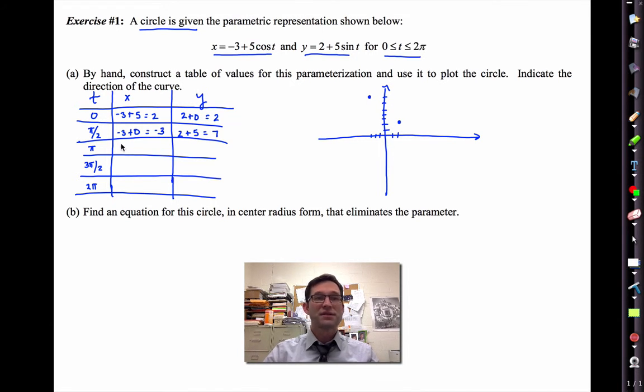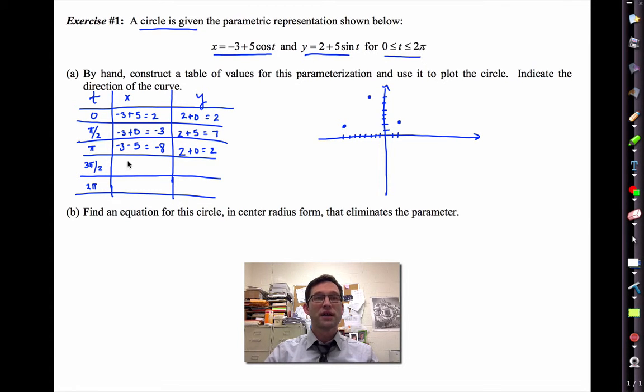At pi, the cosine is negative 1, so we'll get negative 3 minus 5, which gives us negative 8. On the other hand, the sine is 0, so we'll get 2 plus 0, which is 2, so the point (negative 8, 2).